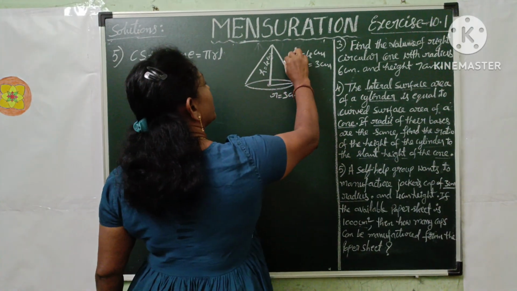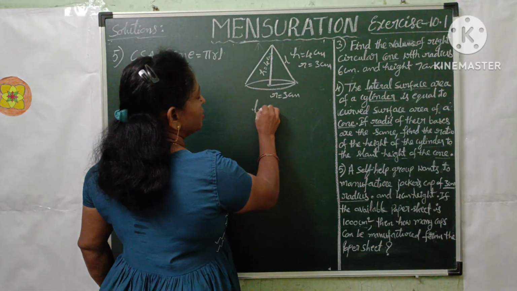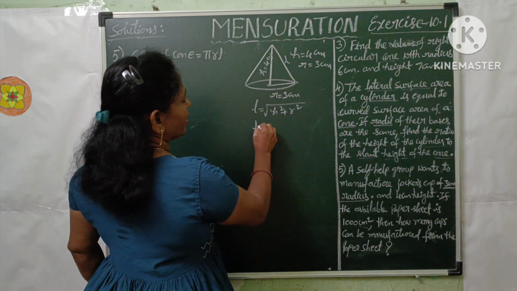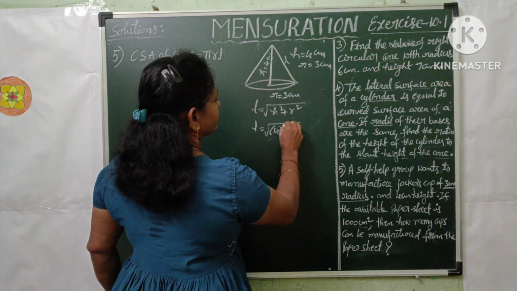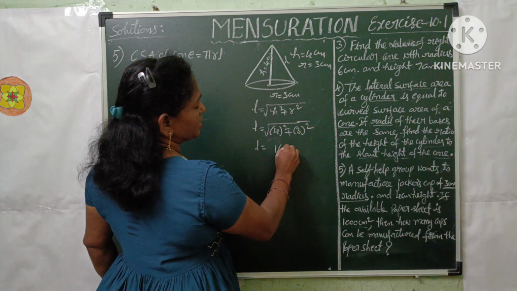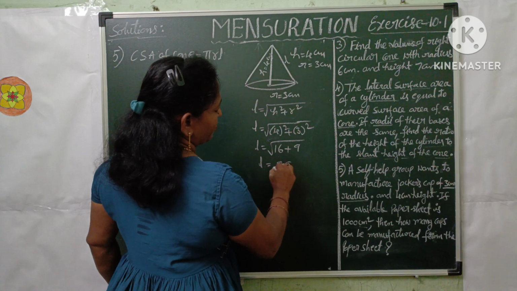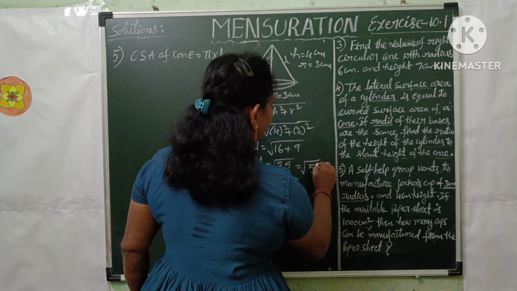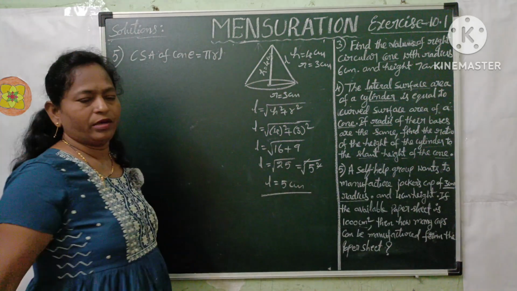We know the slant height formula: L equal to square root of h square plus r square. Therefore L equal to square root of 4 square plus 3 square. 4 square is 16 plus 3 square is 9, so L equal to square root of 25, which is square root of 5 square. The square root cancels. L equal to 5 centimeters. This is the slant height of the cone.